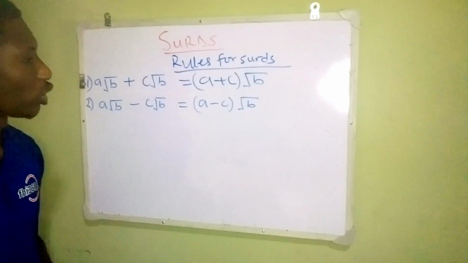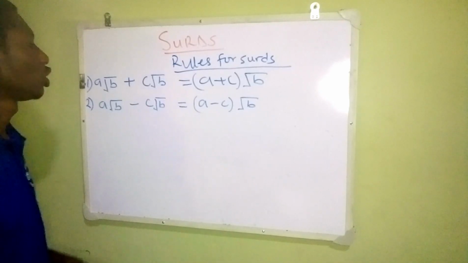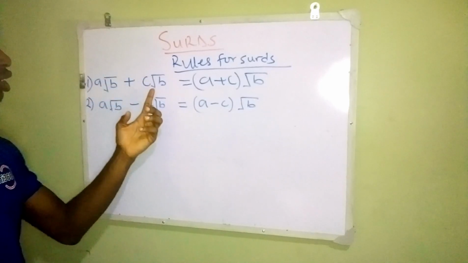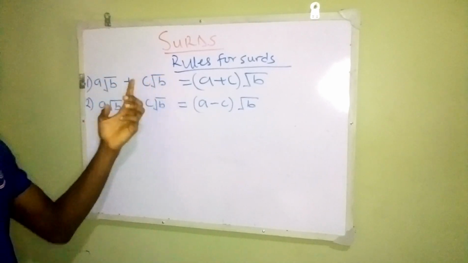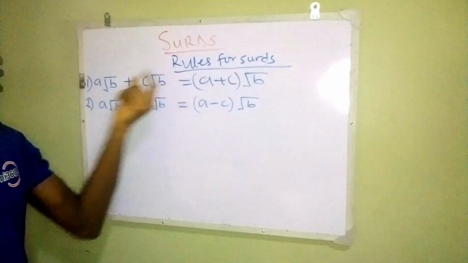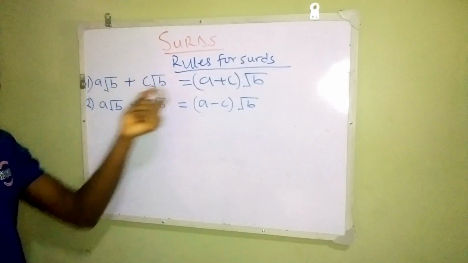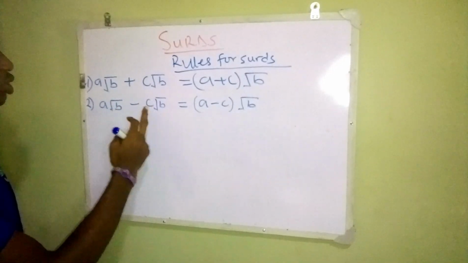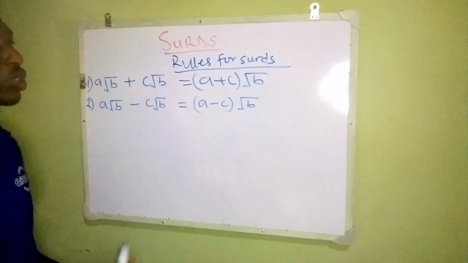So let us look at examples concerning this rule. It therefore means that if I have an expression A plus C square root of B, I will just add these two terms on the outside and I'll carry one of it here. But for a subtraction, I'll subtract these terms and I'll bring one of it.